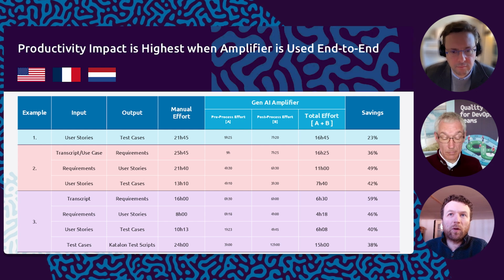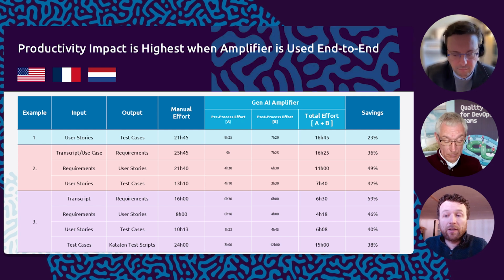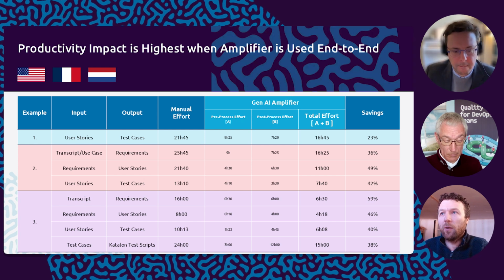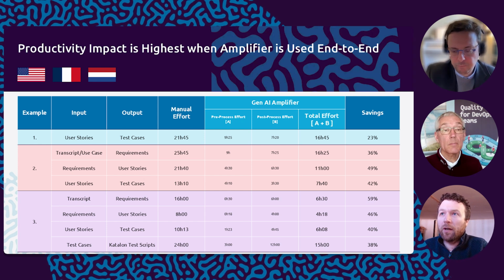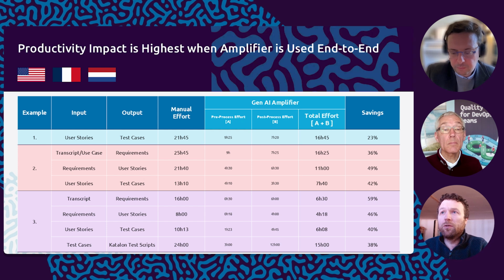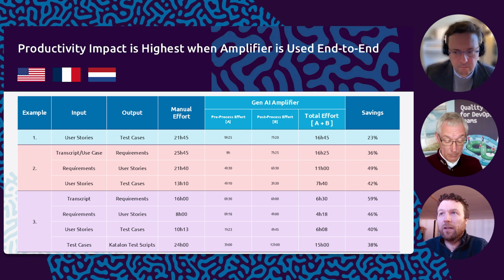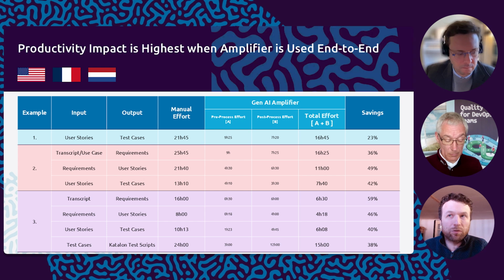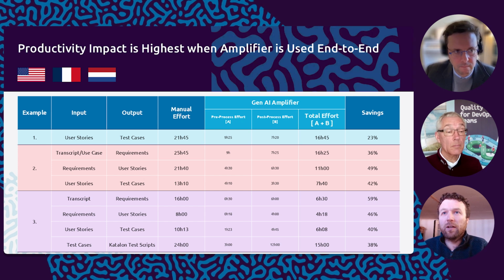So there are multiple clients of Society where we are using this Society Amplifier now, and we see some really good results in saving. If we look purely from a time perspective, there are also some other benefits coming from it.